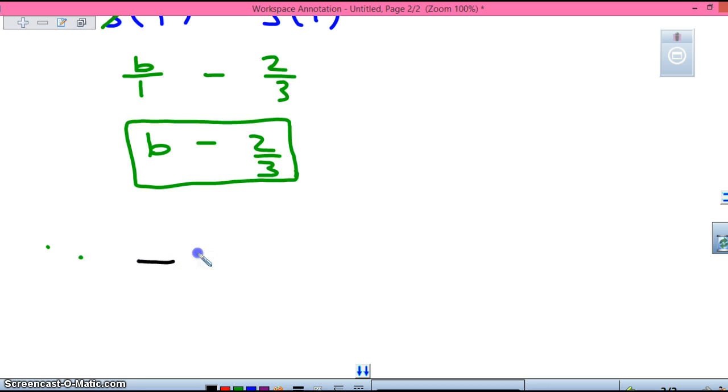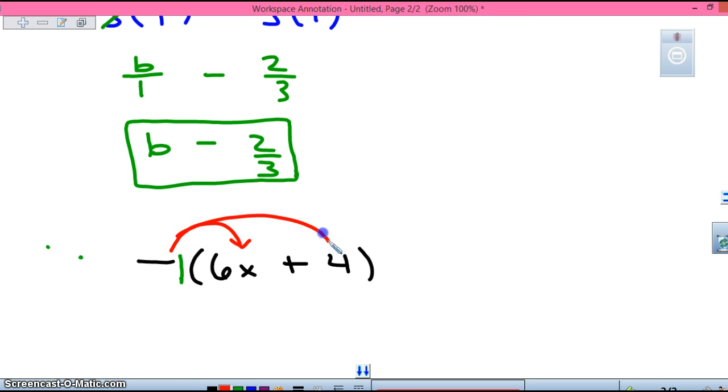If we have negative 6x plus 4, here we're distributing this negative. When the negative is by itself, we can imagine there's an imaginary 1 right here. So we're distributing a negative 1.